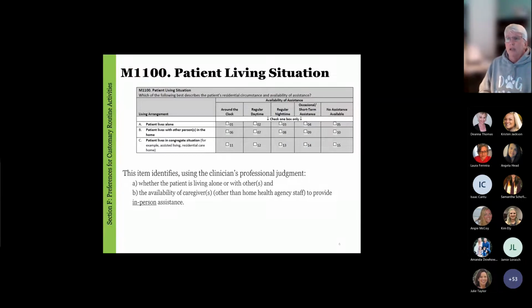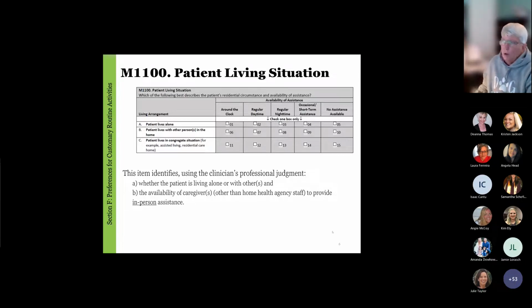M1100 is in section F. So that's all that was section E, those two items, 1740 and 1745. Woo, big section, right? So section F is preferences for customary routine activities. I couldn't even begin to tell you what that actually means. So they threw M1100 in here, the patient's living situation.